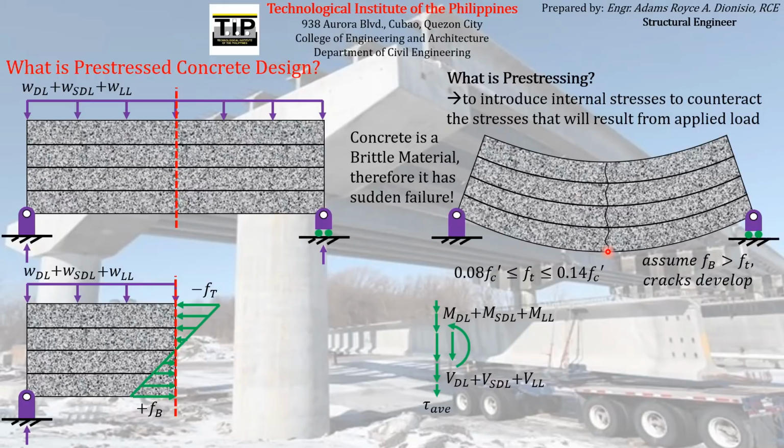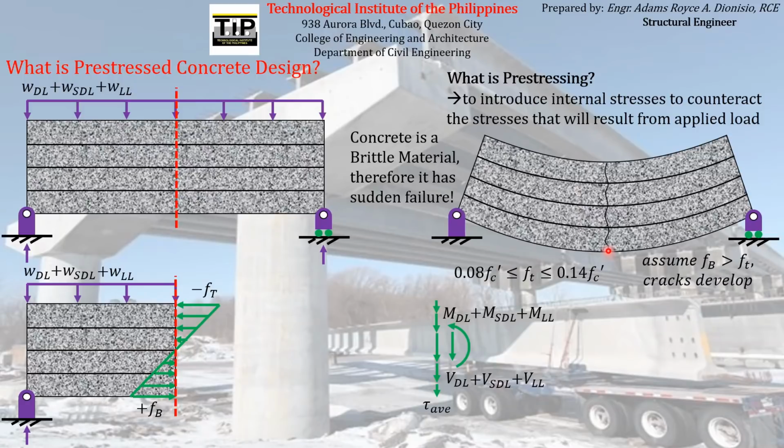Now, fortunately, if we have what we call reinforcing steel that is placed at this lower portion of the beam, the tendency is that if the tensile strength of the concrete beam is exceeded, cracks will already develop.